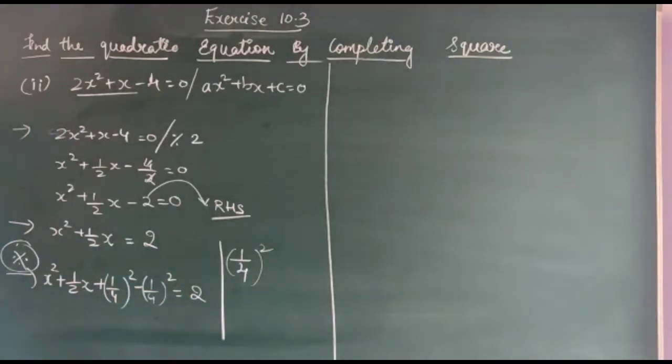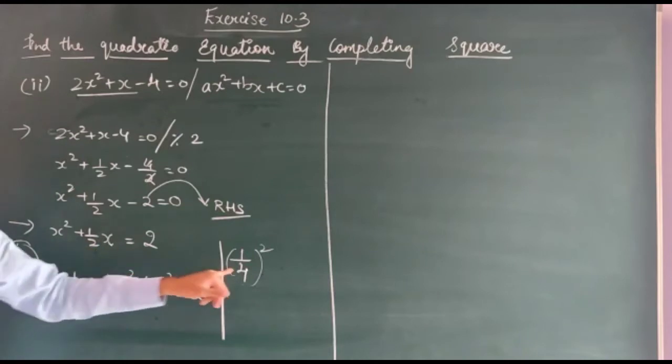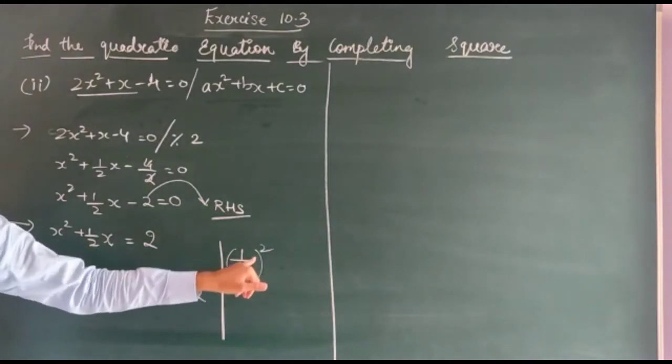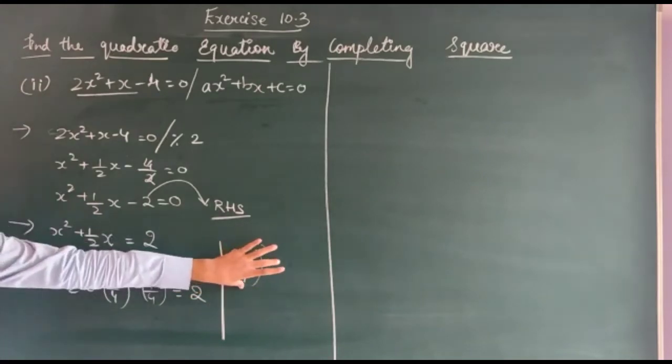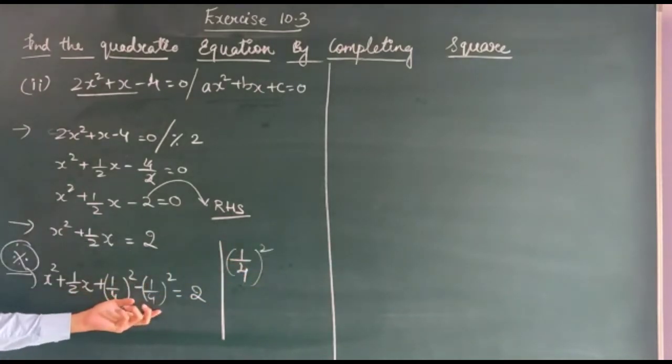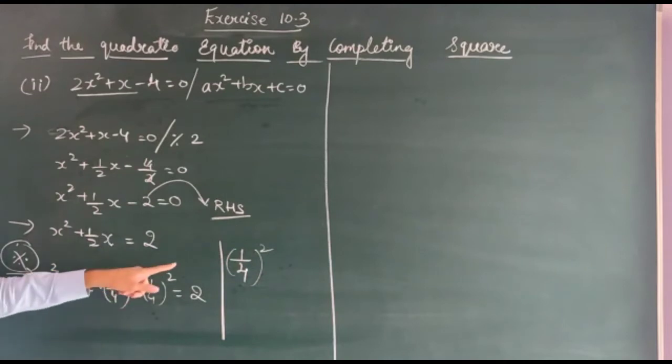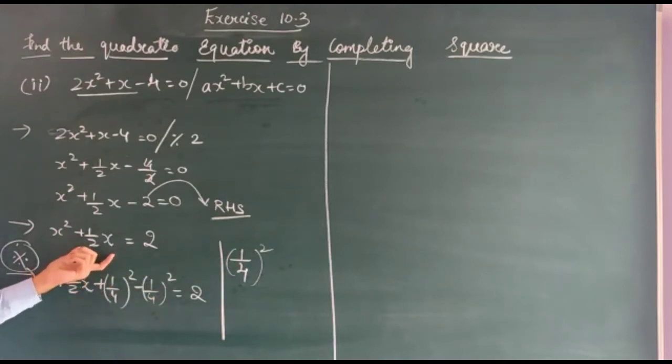I repeat this step. Observe the coefficient of x, divide that coefficient by 2. After that, square that coefficient. After squaring this, just add and subtract this over here, because if I cancel this, I must get back the same answer. Is it fine?